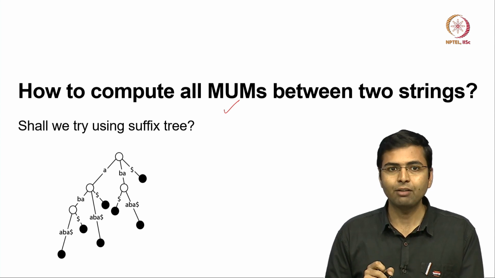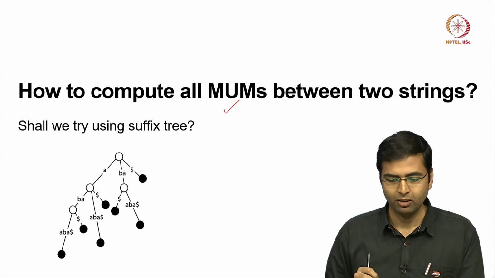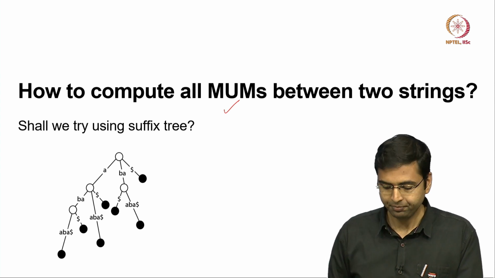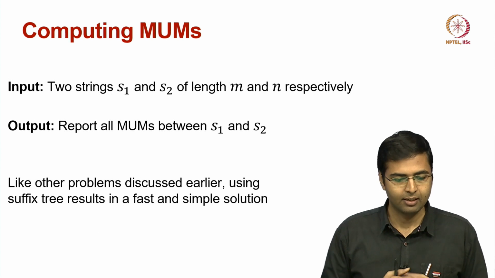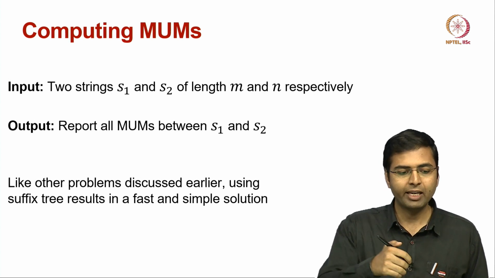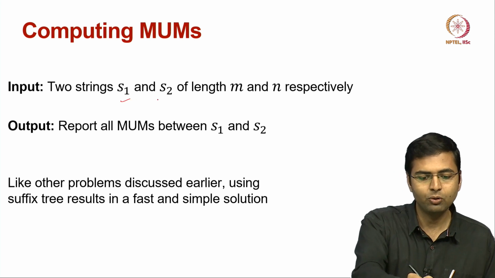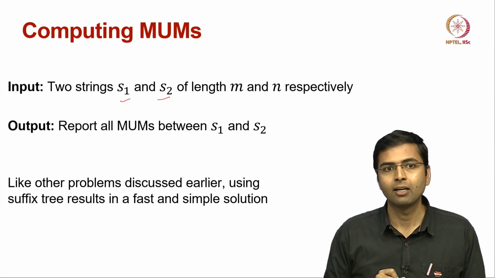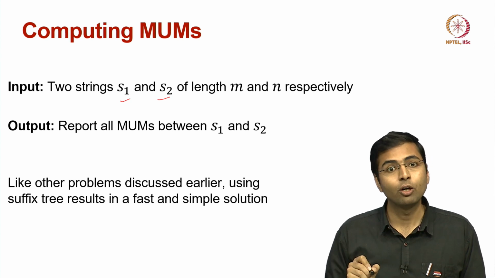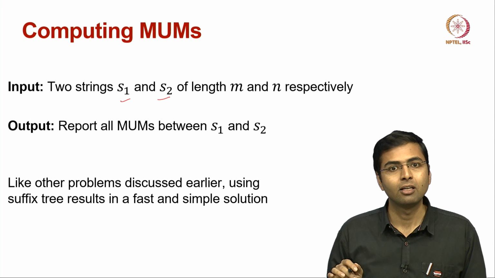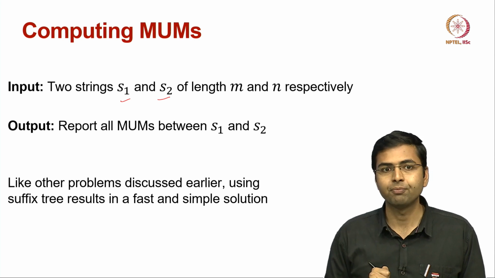We have already discussed the suffix tree data structure in module 2 of this course, so I assume that you are familiar with the properties of suffix trees. Just to frame the problem formally, we are given two strings S1 and S2 of length m and n respectively, and as output we want to report all maximal unique matches between these two strings.